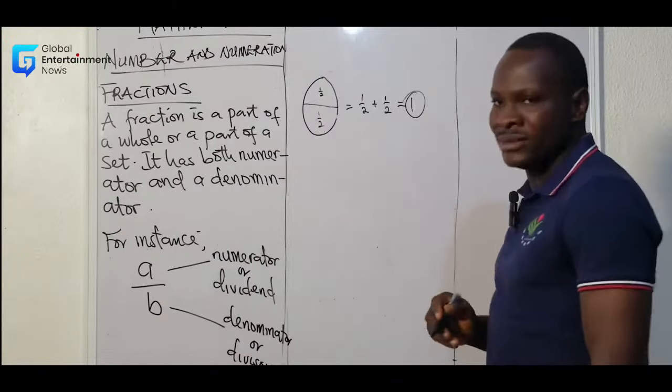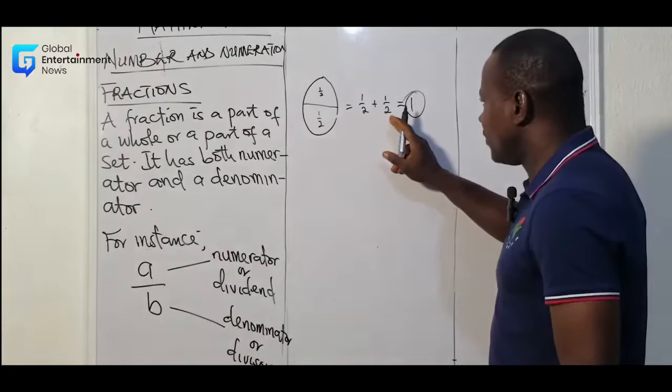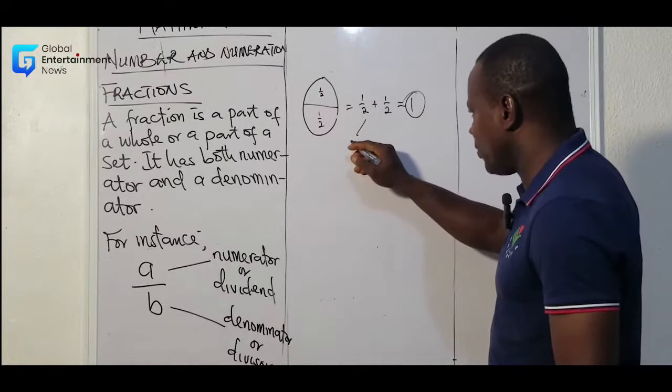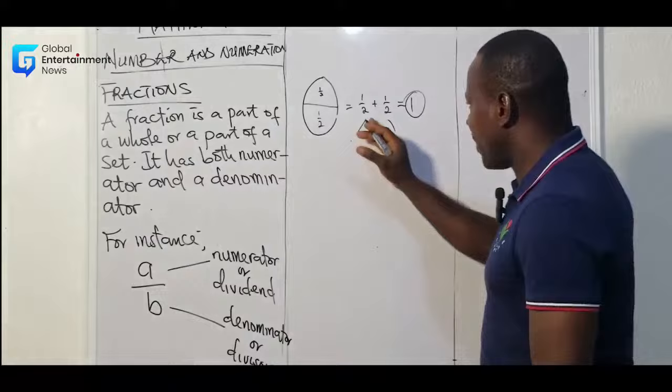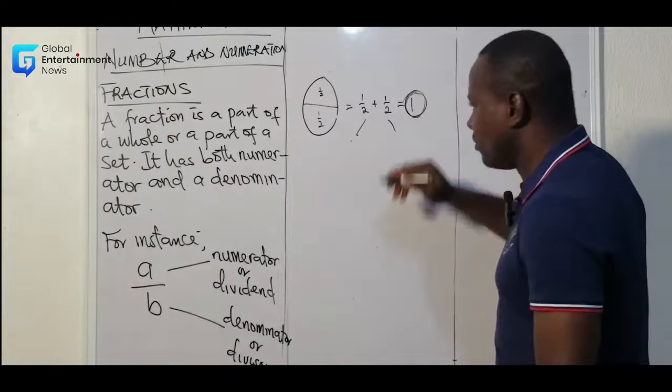And this is 1. This is a whole. The 1 all over 2 and the 1 all over 2 is part of a whole. This is a part of a whole, and this is also another part of a whole. So the two parts of a whole joined together give me a whole number.